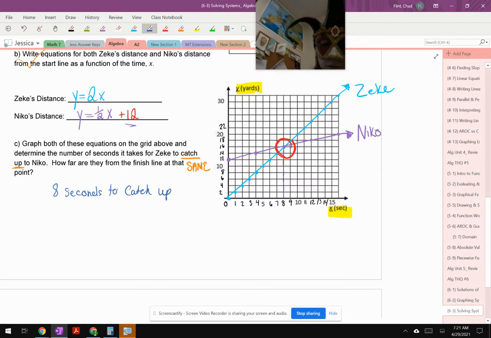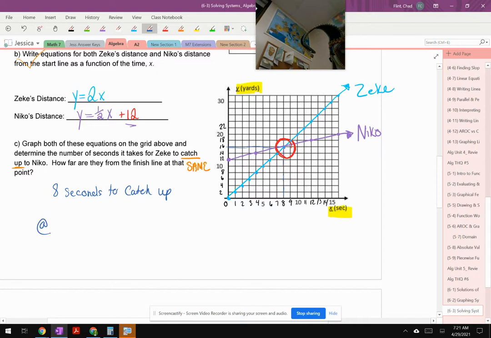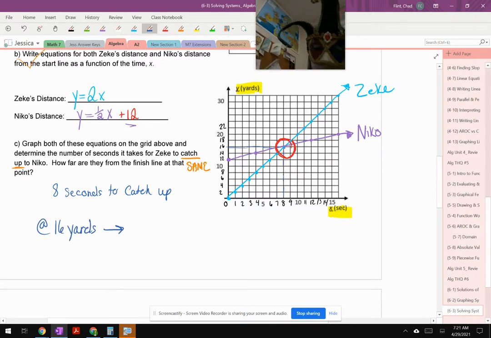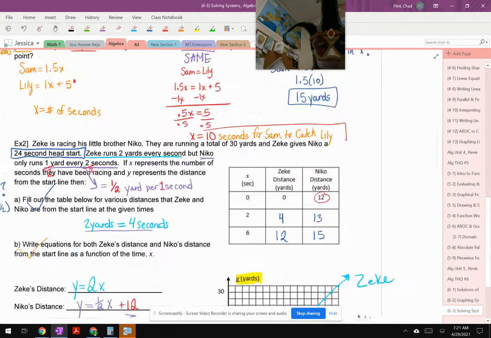And how far from the finish line are they? Gee, holy moly, it's too early for this. So they're at 16 yards, but that's not how far from the finish line. The finish line, they said, was 30 yards because up here it said that they were running a total of 30 yards.